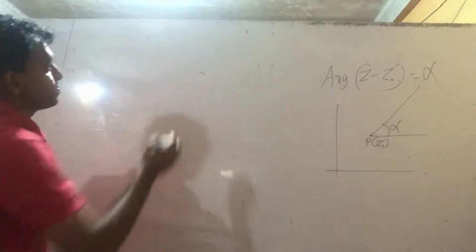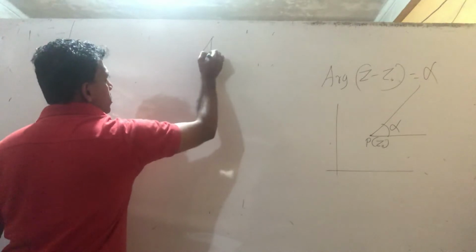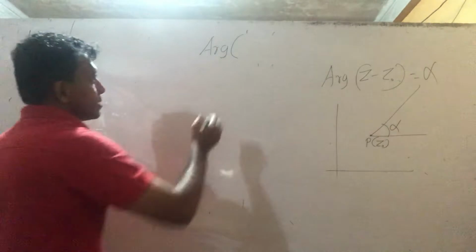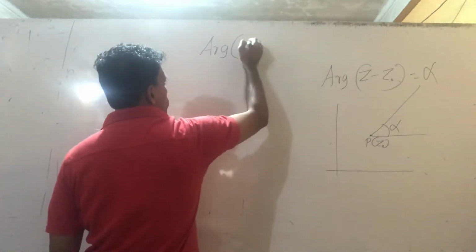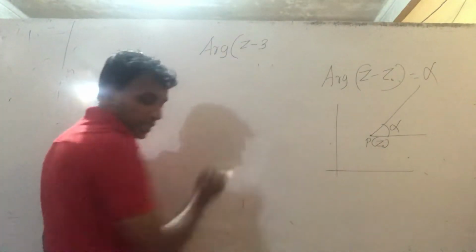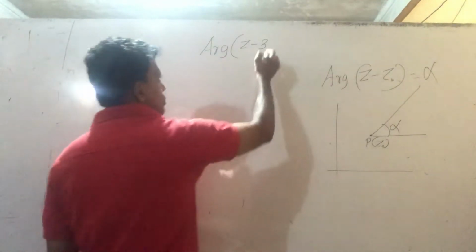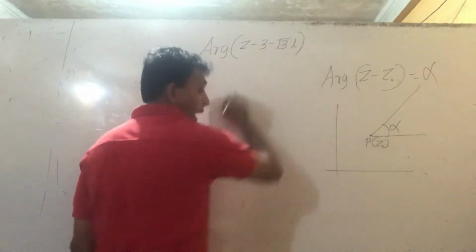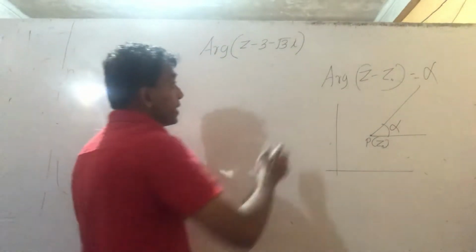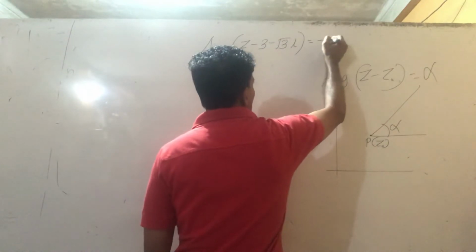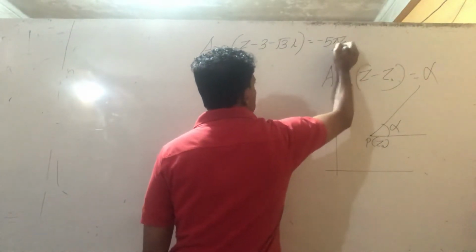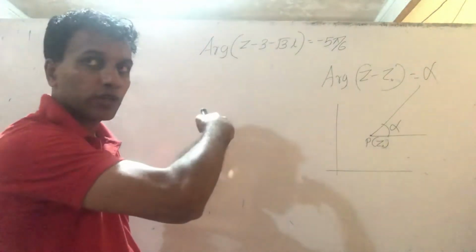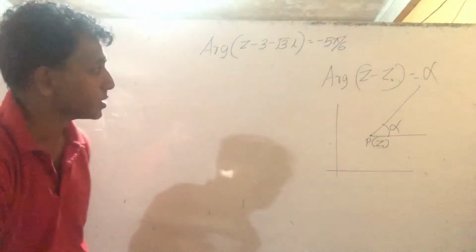Argument of Z minus (3 plus root 3i). Z is a moving complex number, therefore not known. The angle shown is minus 150, or minus 5 pi by 6. As I explained earlier, minus comes from the positive direction of x, going the other side, downwards, right?